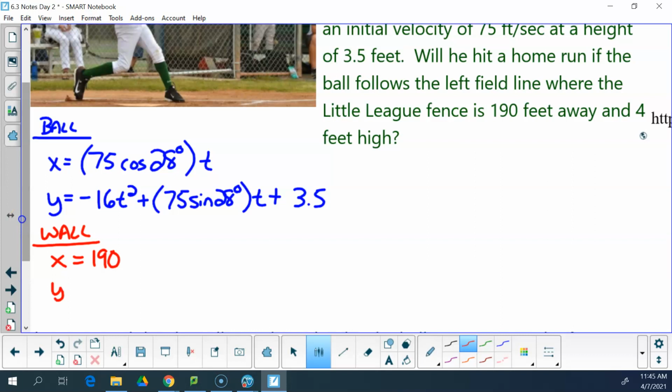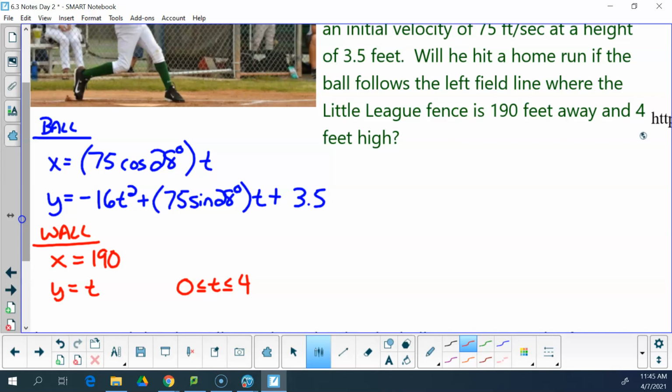So my y component is going to be t. How high do I want my wall to be? 4 feet high. So I'm going to run this t to 4, because that makes it go up to 4 feet high.